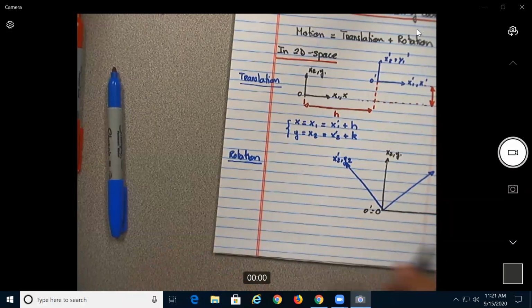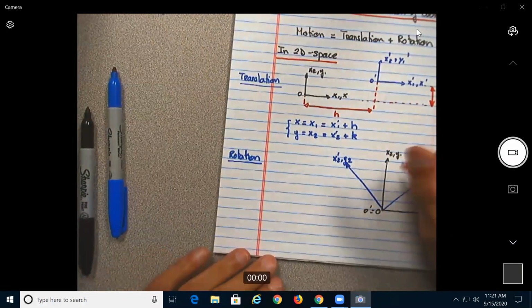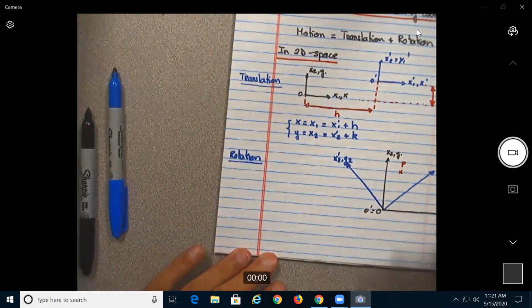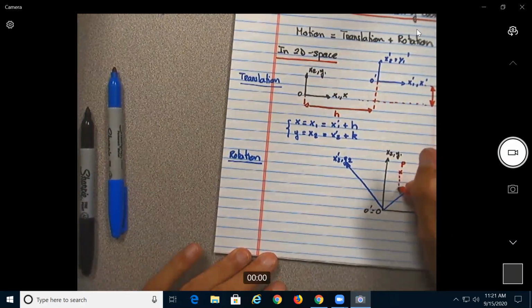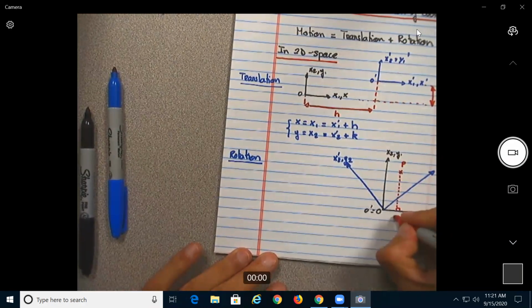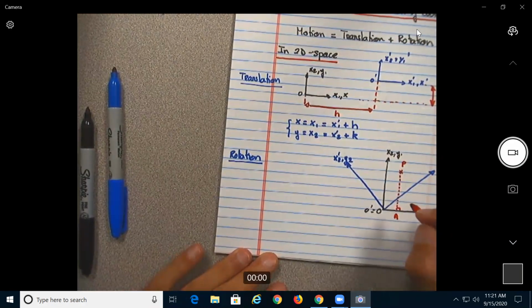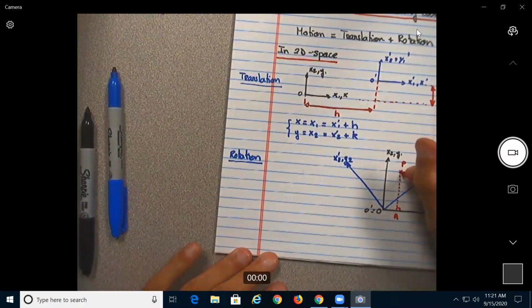So let's see what happened to a general point here, P. Let's do the figure and then I give the relations. It will be a right angle at A. Now we do the projection of this one at a right angle.